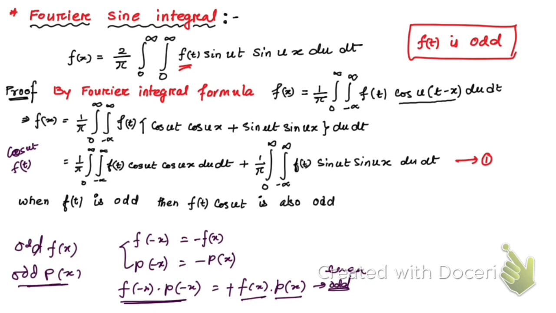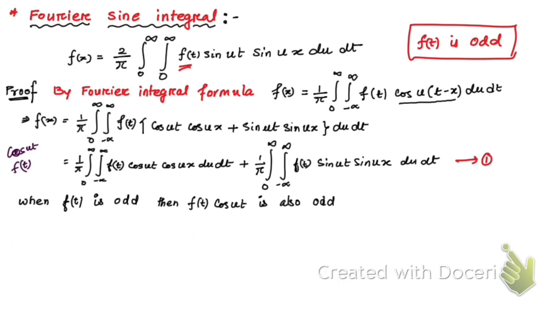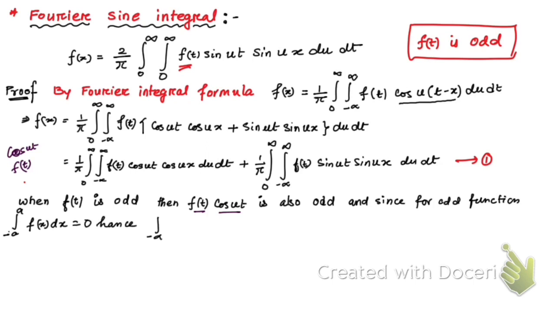So now let me cut it. As this is even and this is odd, the product is also odd. And for an odd function f of x, suppose we have an odd function, then integration from minus a to plus a of f of x dx is going to be equal to 0. Hence we can write that the integral from minus infinity to plus infinity of f of t cos ut cos ux du dt is equal to 0.